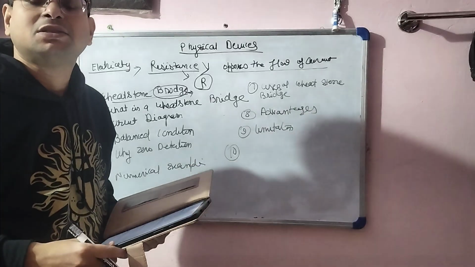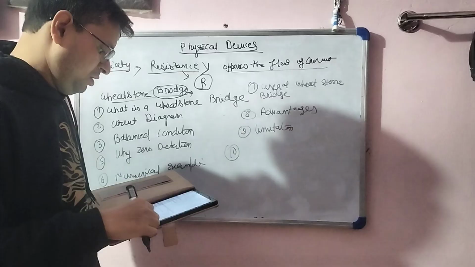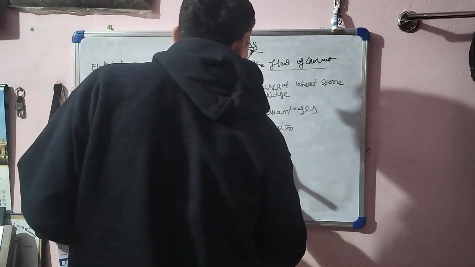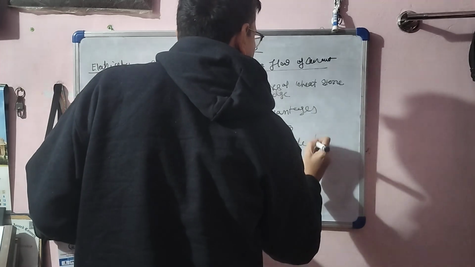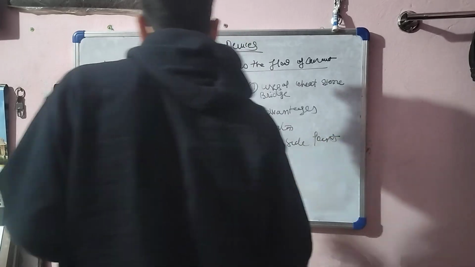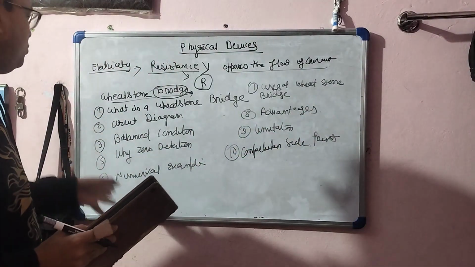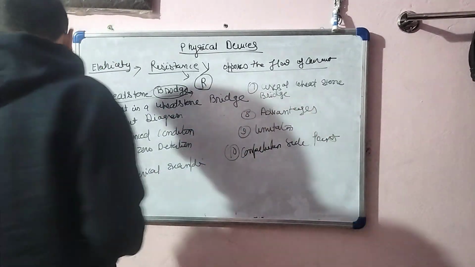Then the competition side points. In this lecture we will explain 1, 2, 3, 4, 5 successively.